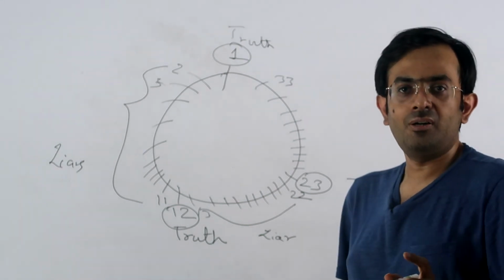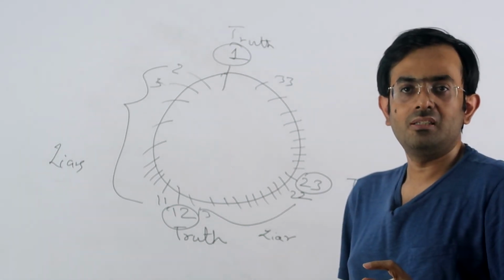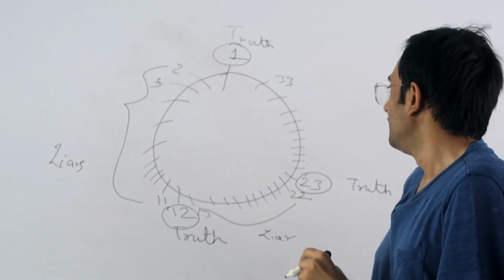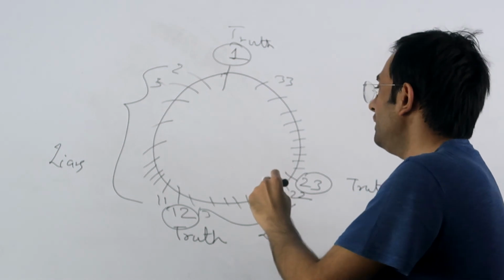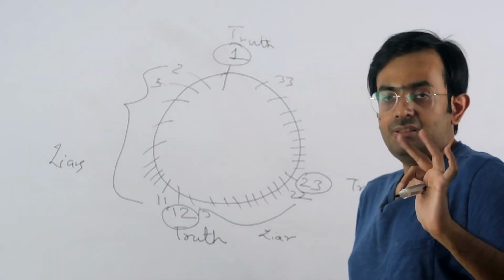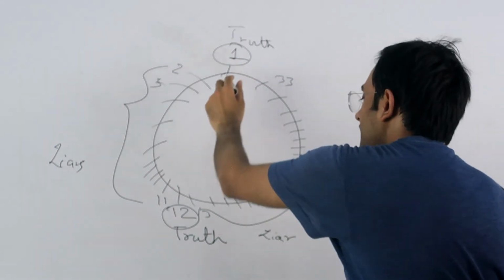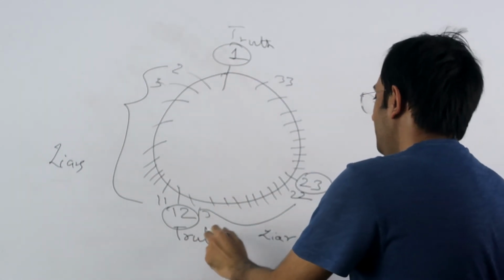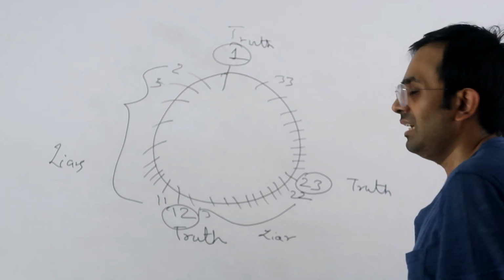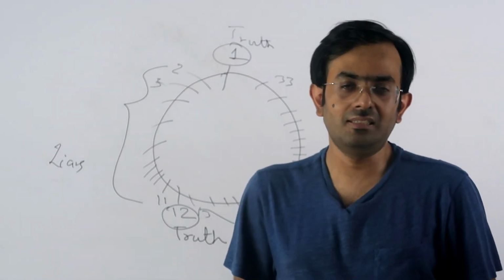Now when we look at this, we've found out that there are exactly 3 truth tellers: person number 1, person number 12 and person number 23. And everybody else is a liar.